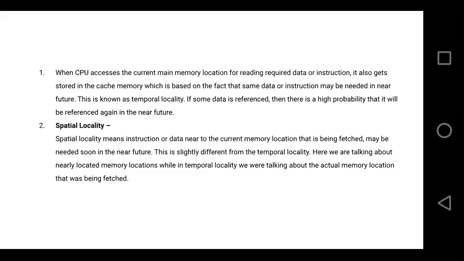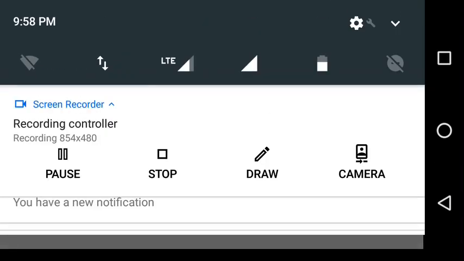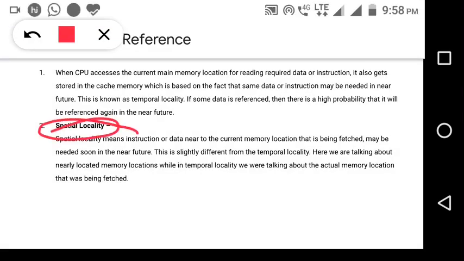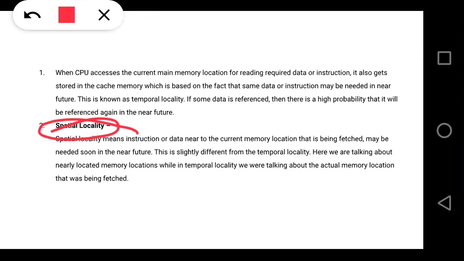And there is another principle which is called spatial locality. Spatial locality means the instruction or data near the current memory location that is being fetched may be needed soon in the near future. So let me explain.